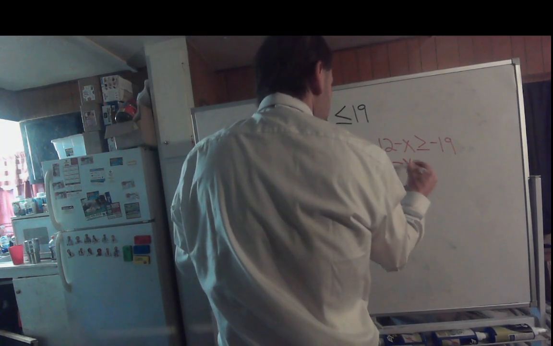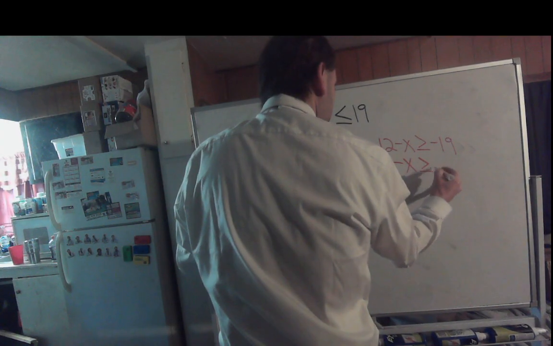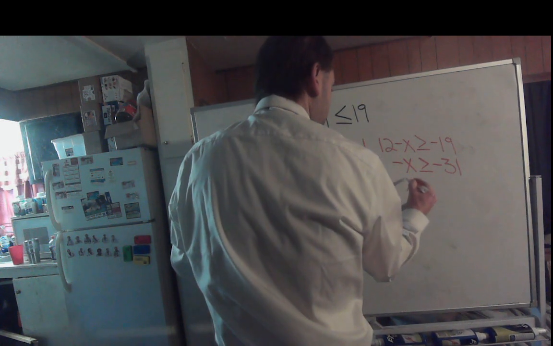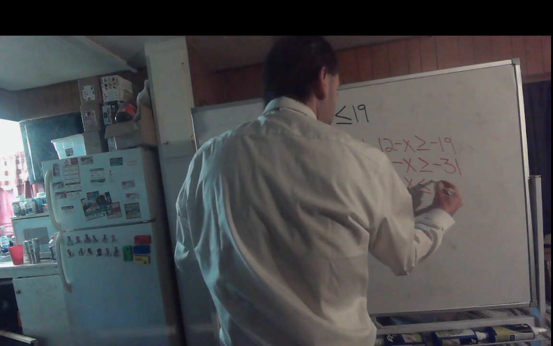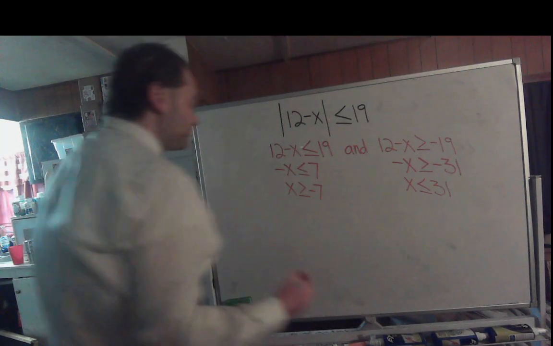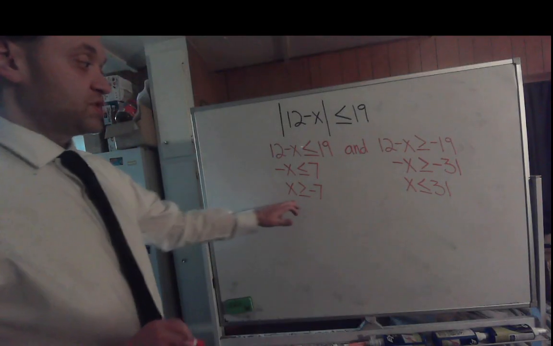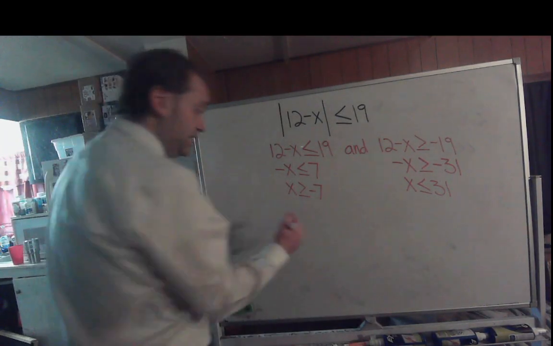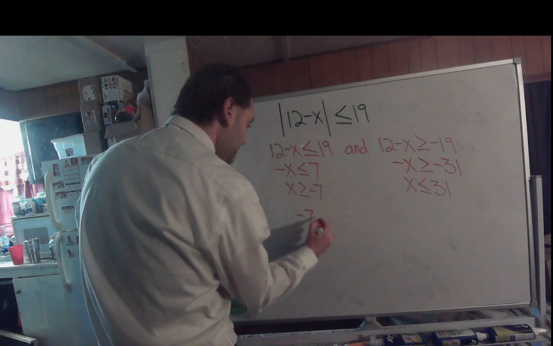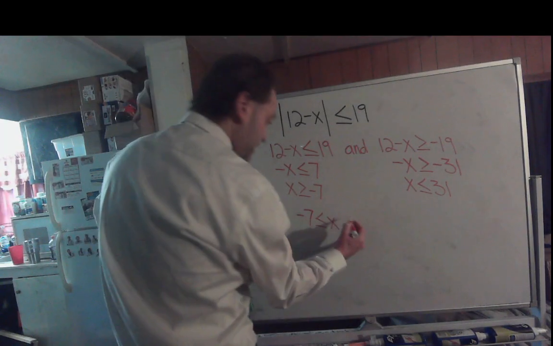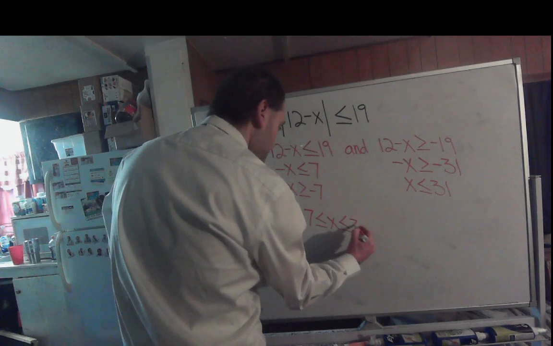You would have -x is greater than or equal to -31, which would give you that x is less than or equal to 31. So if you have x is greater than or equal to -7, well, that just means that -7 is less than or equal to x, and then x is less than or equal to 31.